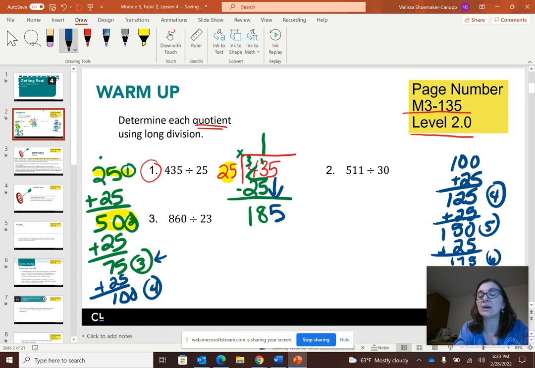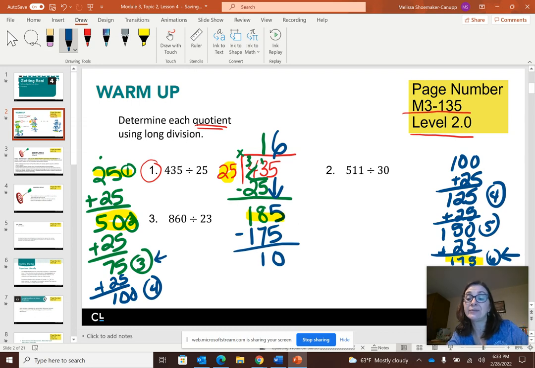There's 6. Now, I can see that 175 is really close to 185. So I'm going to stop there. I put the 6 up here because that's 6 25s. And I know that 6 times 25 is 175 because I did the repeated addition. And I know that I have 10 left over.